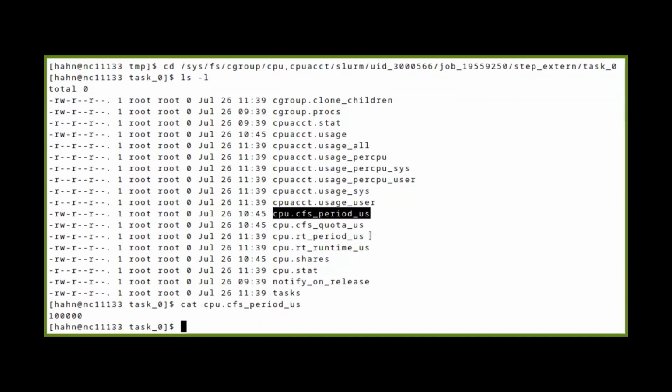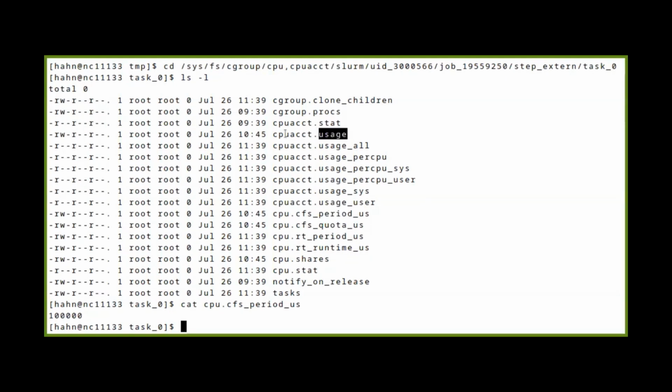So the CFS period in microseconds is 100,000 microseconds, or 10 milliseconds. This is really obscure, but it means that the scheduler views time slicing as chunks of 10 milliseconds, which is potentially interesting to some people.